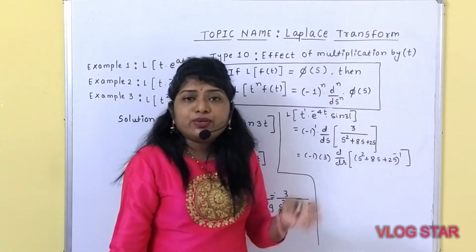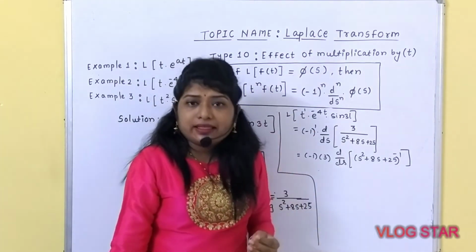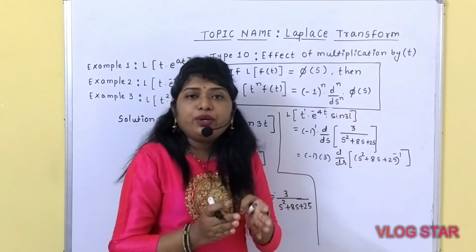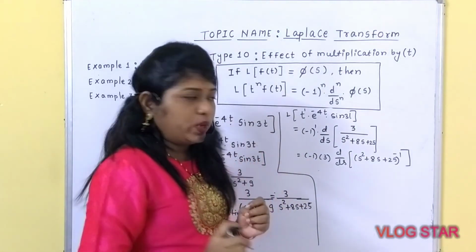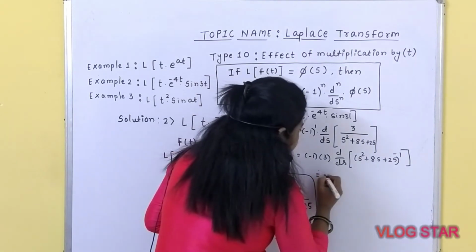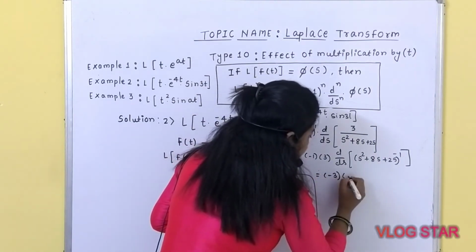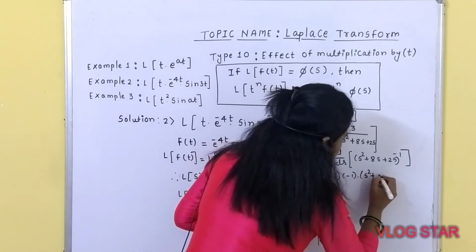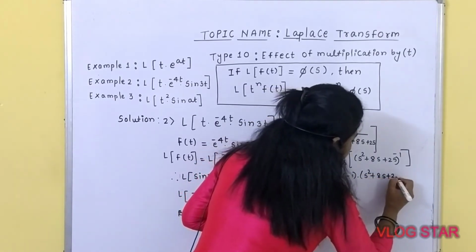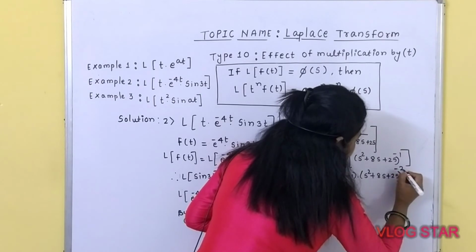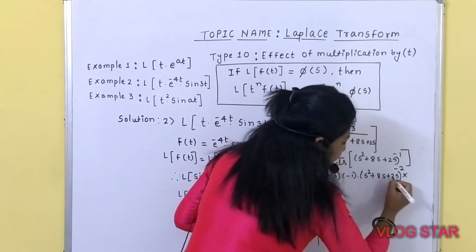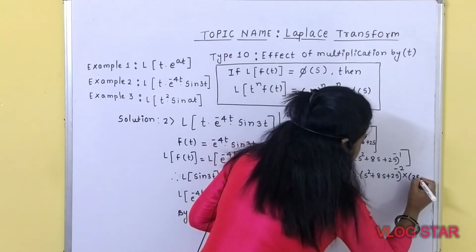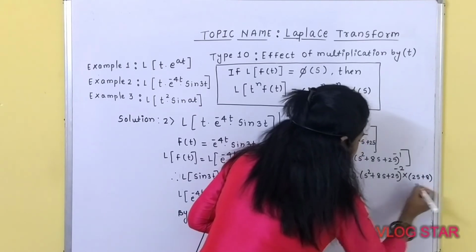Derivative of x raised to n is nothing but equal to n into x raised to n minus 1. So here you will be getting minus 3 into minus 1, (s square plus 8s plus 25) raised to minus 2 into derivative of this function, which is 2s plus 8.